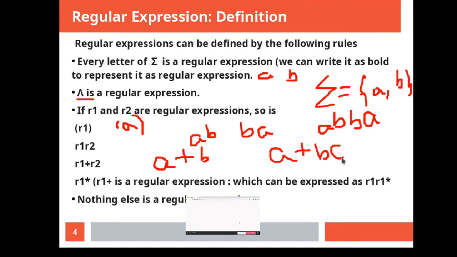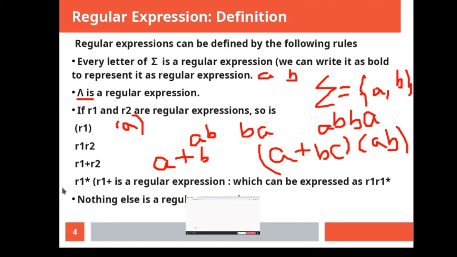So A plus B, C is also a regular expression. Now if I want to concatenate it with something else, I could do something like this. So this also becomes a regular expression. So you have seen that by creating from already existing regular expressions that are defined by this definition, we are creating more and more regular expressions.